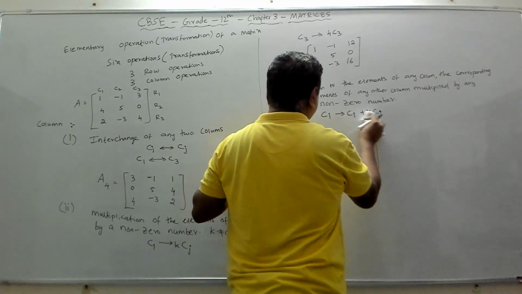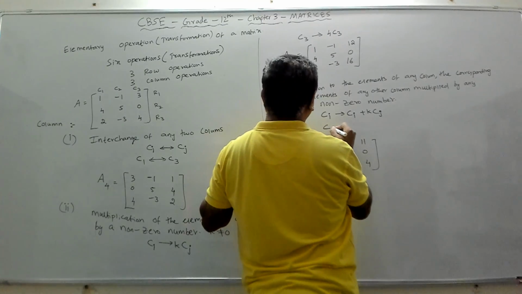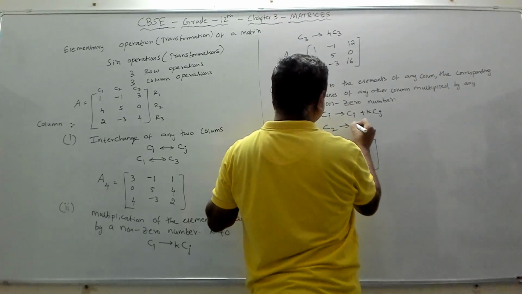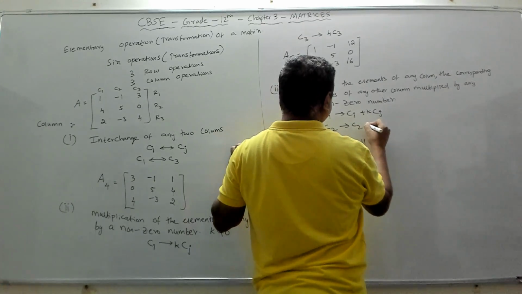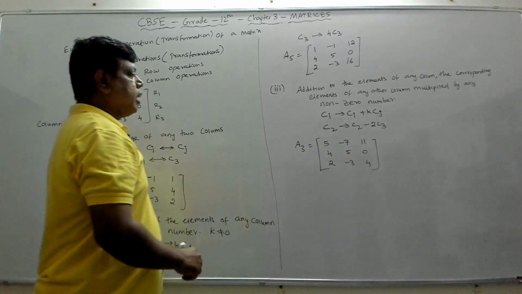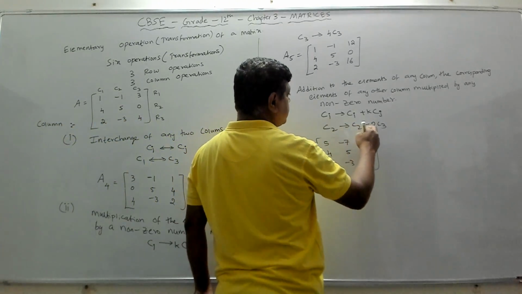So what we can do here, suppose, C3 has changed, we can choose anything. I can say C2 implies C2 minus 2 times C3.